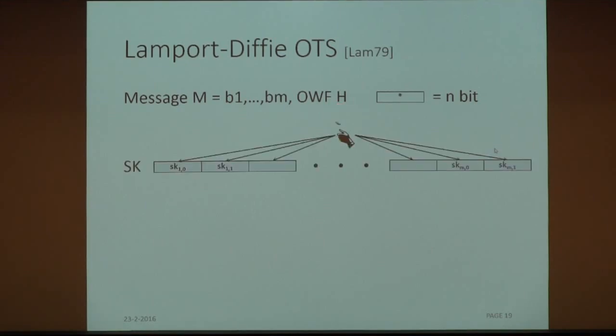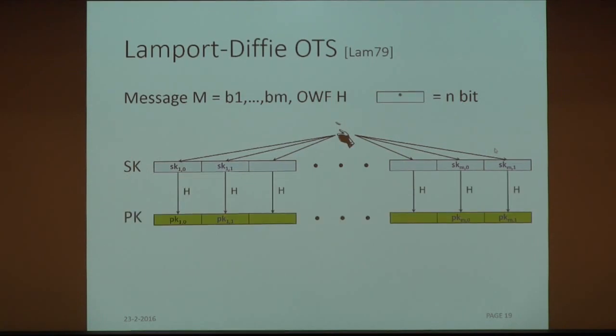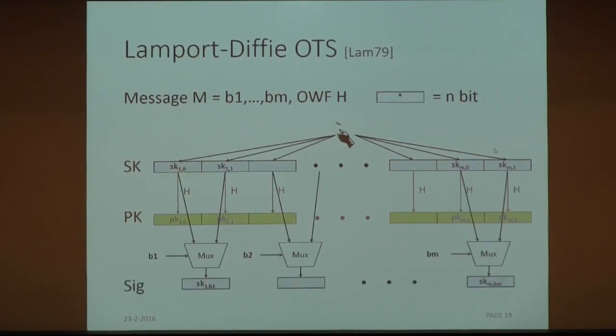So the secret key consists of two m secret key blocks, which are simply uniformly random n-bit strings each. And they are ordered in pairs. So we have secret key 10, secret key 11, then secret key 20, secret key 21, and so on until secret key m0, secret key m1. The public key simply consists of the outputs of the hash function using these secret key elements as input.